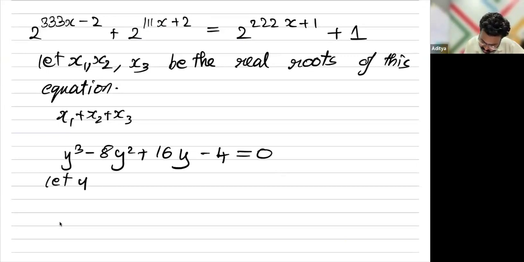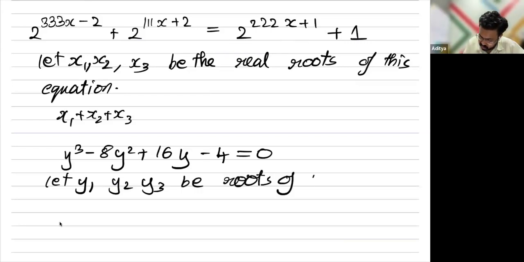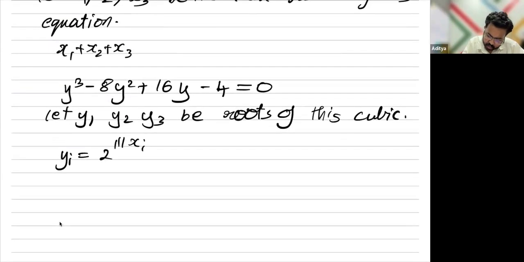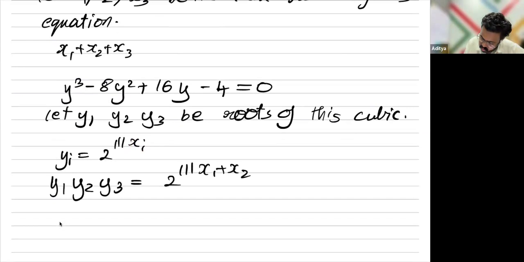Let y1, y2, y3 be roots of this equation, where we have yi is equal to 2 to the power 111 xi. Then if I want sum in the exponent, below it should be product, correct? Can I write that y1 y2 y3 will equal 2 to the power 111 times x1 plus x2 plus x3?